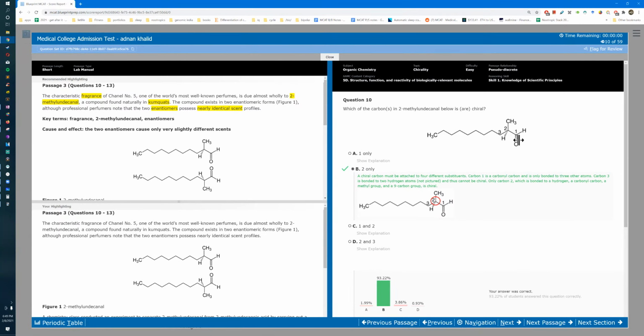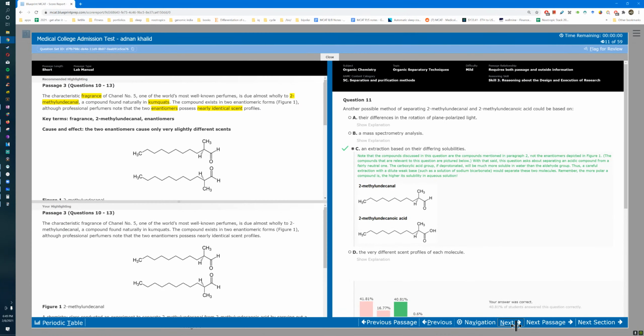So it's really just this one over here, because its carbon is bonded to CH3, and then a C double bonded, like a carbonyl group over here, an H over here, and then a CH2 over here. So they're all different, so that's the only one that's chiral. Everything else is bonded to some identical things.